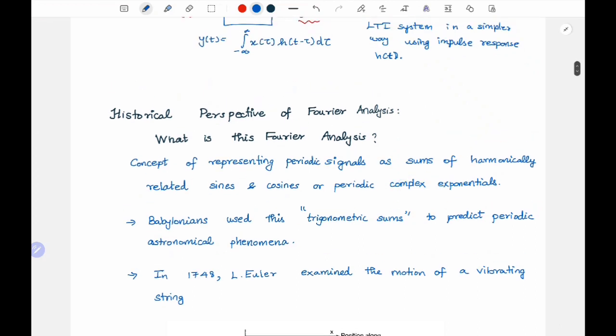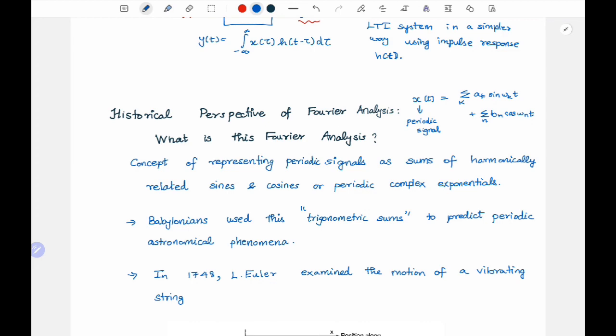So what they are saying is, if any periodic signal x of t, so let's say periodic signal, if we are able to represent this as a sum of sines and cosines, so sine, let me take some coefficient, sum over k, ak sine omega kt plus sum over, let's say n, bn cos omega nt.